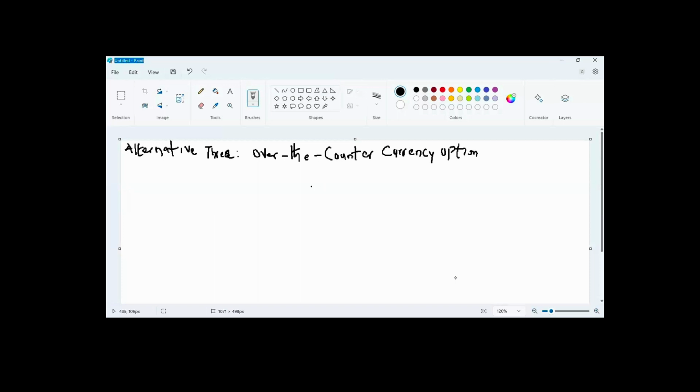Now we are going to open the two scenarios. I have scenario 1. I have scenario 2.